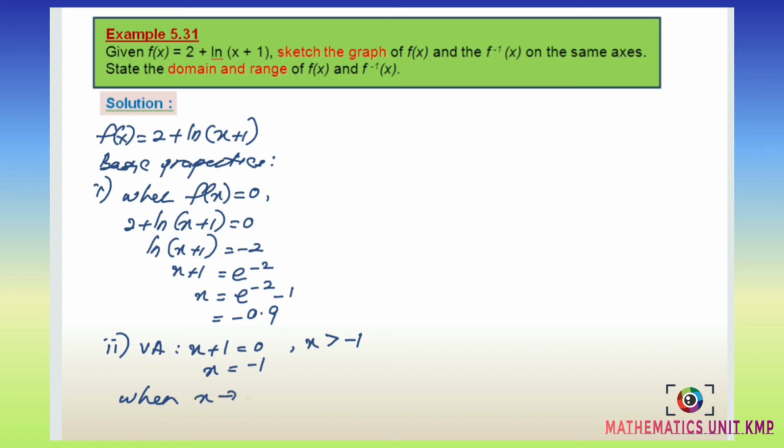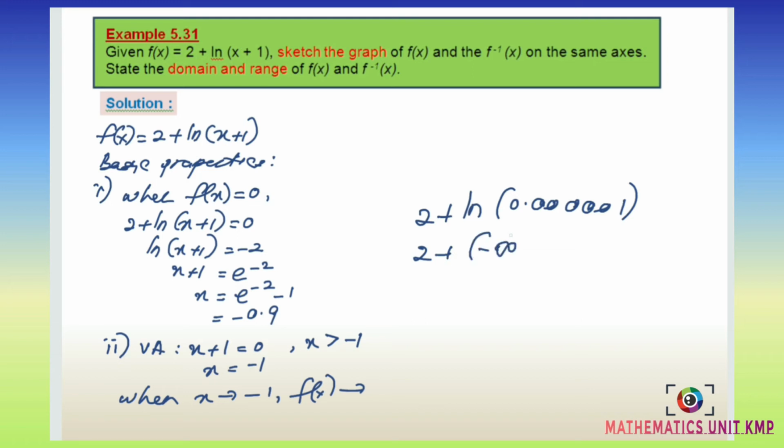When x approaches negative 1, the graph approaches the vertical asymptote. f(x) approaches 2 plus ln(0.000001). That means 2 plus negative infinity, which approaches negative infinity. Therefore, when x approaches negative 1, f(x) approaches negative infinity.